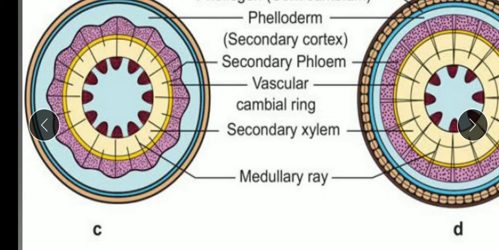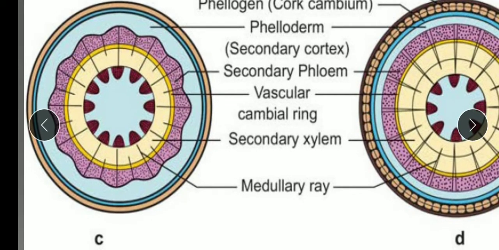Most of the cells are added towards the periphery, and as a result the cells which are formed towards the periphery differentiate and form the secondary phloem.